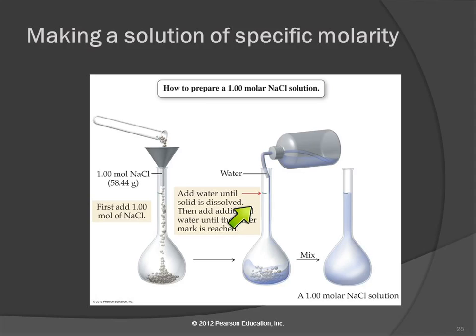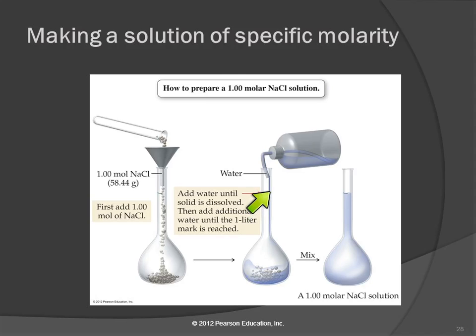The reason this has this tall, skinny neck is the same reason that graduated cylinders are tall and thin. Because then if you have a small difference in volume, it's going to be a big difference in the height of the water in this narrow part of the flask. And so you can get a more accurate measurement of your volume.